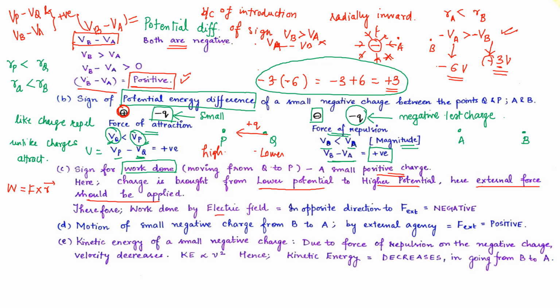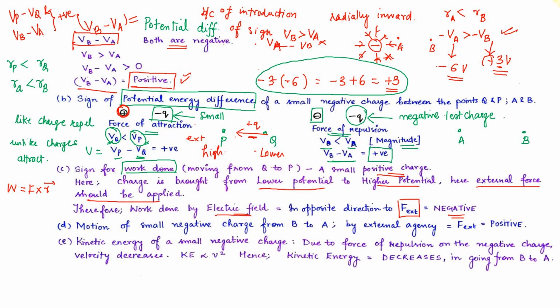Therefore, work done by the electric field is in the opposite direction of external force, and hence it will be negative in nature. How come? When we are bringing this particular charge near the positive charge, we need to apply the external force.